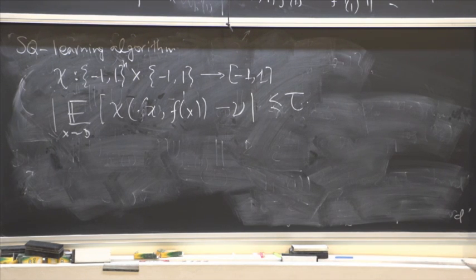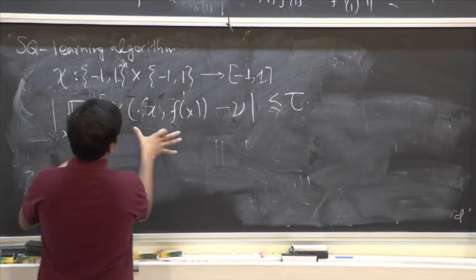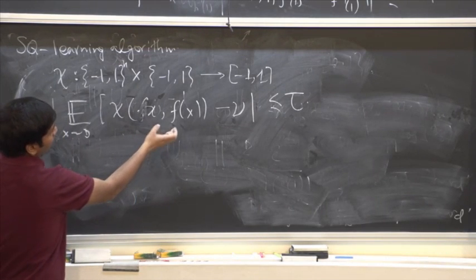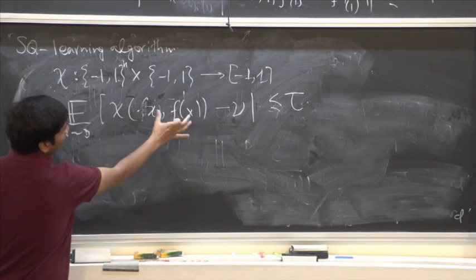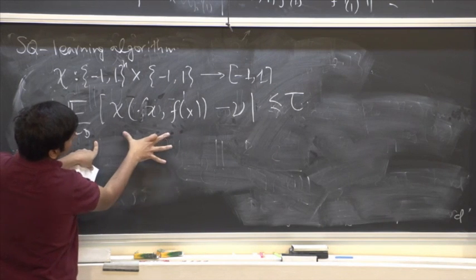Okay. So I am saying that if you just have uniformly random samples from f inverse 1, then you can get a pretty good estimate of this number.